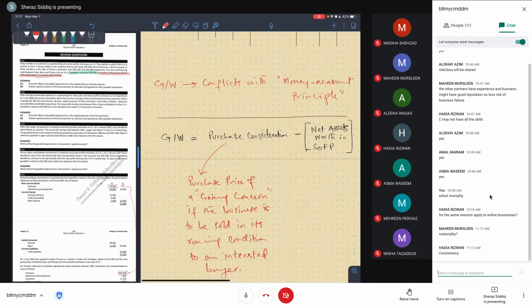So the purchase price or purchase consideration is the purchase price of your business in its running condition as a going concern if you are to sell this business in its current state to an interested party.